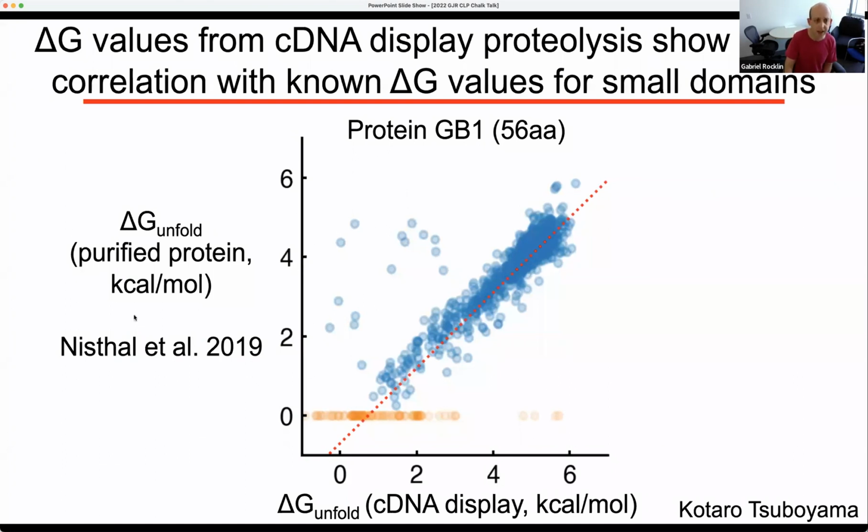And on the y-axis, this is a paper published in 2019 where they used a robotic system to actually individually purify every single one of these mutants and do a traditional stability assay with a fluorescence readout and different amounts of denaturing. And you can see that the correlation between our high throughput data and measuring these proteins one at a time is really, really good.